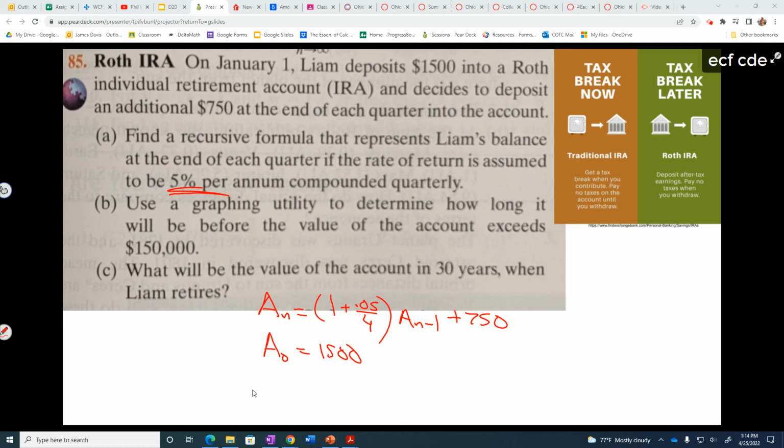So let's go ahead and plug that in. Take a second to see if you can type all that into your sequence there.